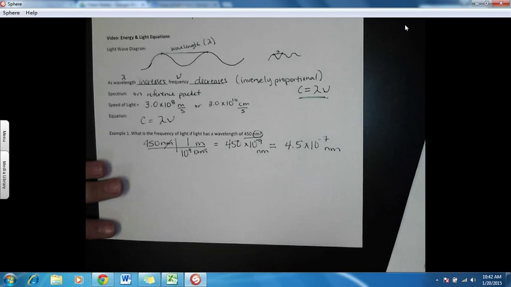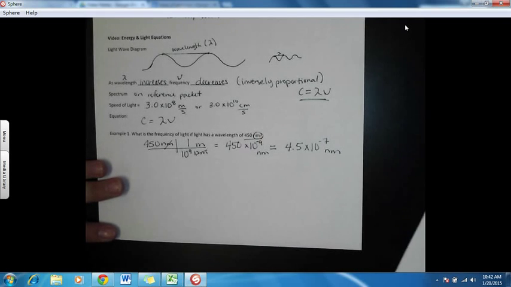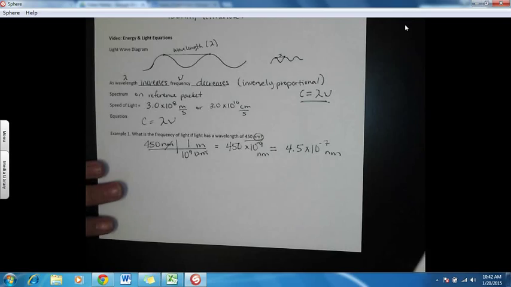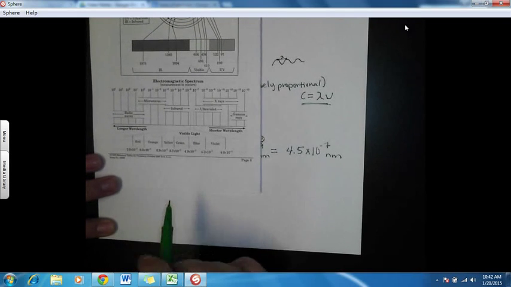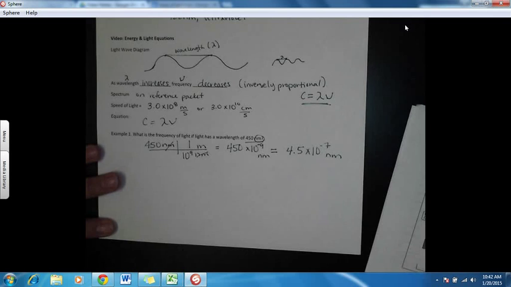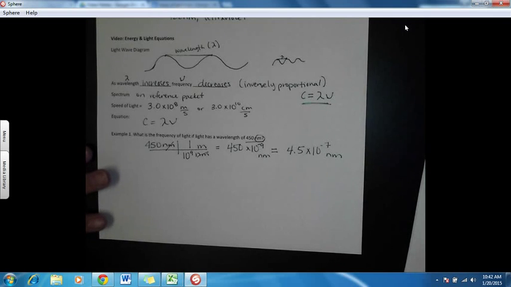So what kind of light would that be with a wavelength of 4.5 times 10 to the minus 7? Well, that would fall right here, that's 4.2, and that's 4.9, so that would be blue light. But that's not the question asked, we want to know the frequency.